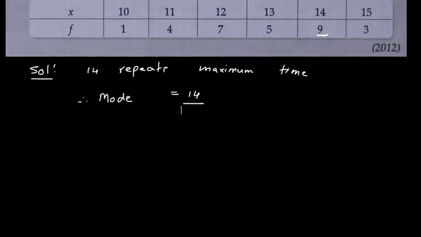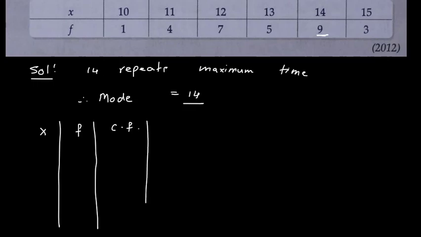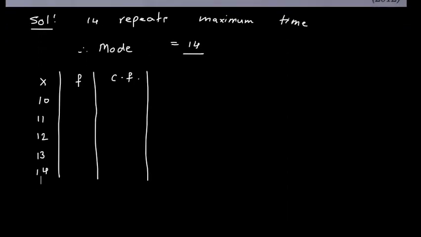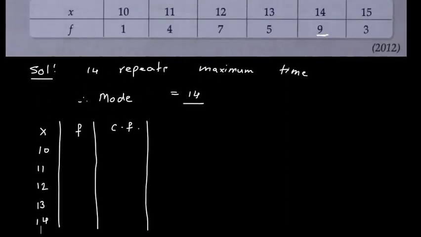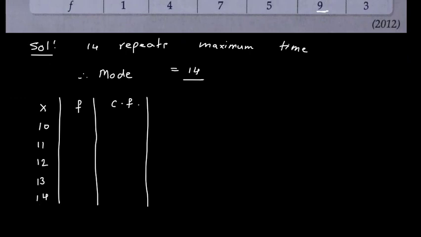So for median we have to make the columns. We have one column X, then next column F, and the next column which we require is cumulative frequency CF. Okay, so X is 10, 11, 12, 13, 14 and 15, right?